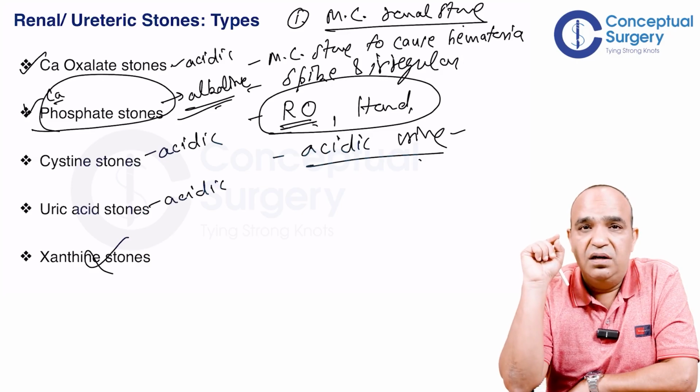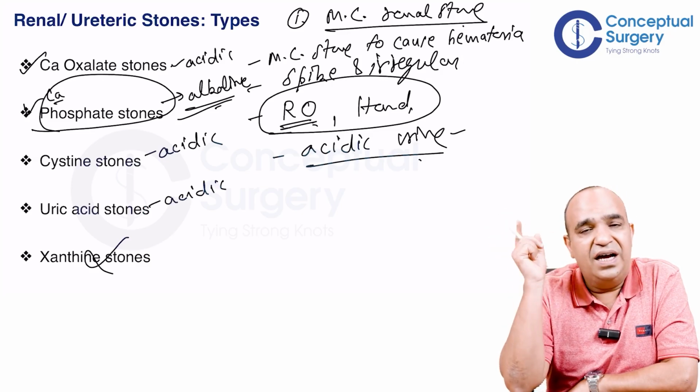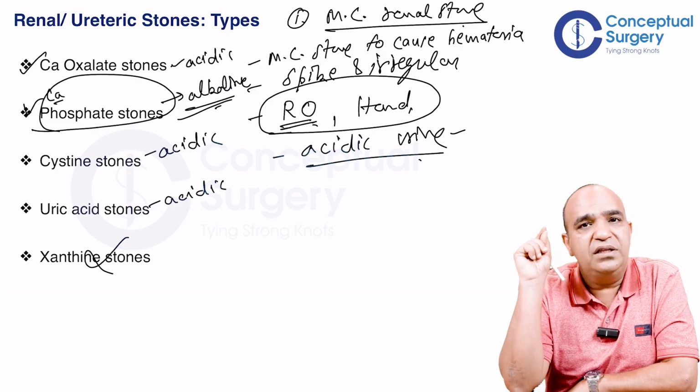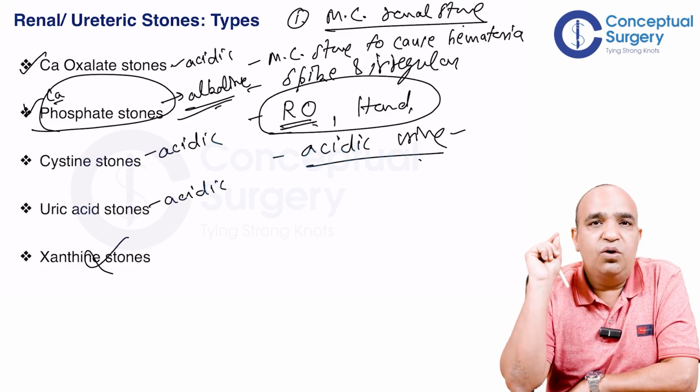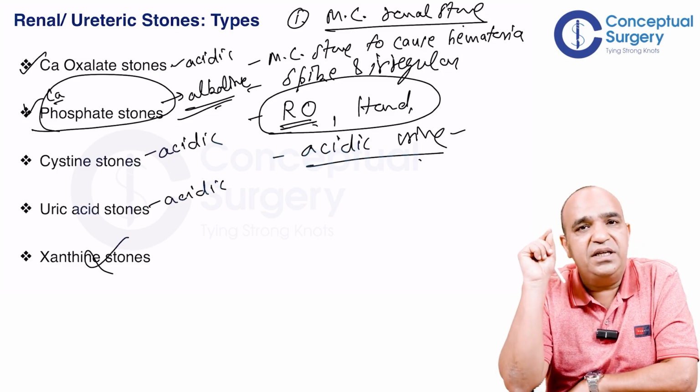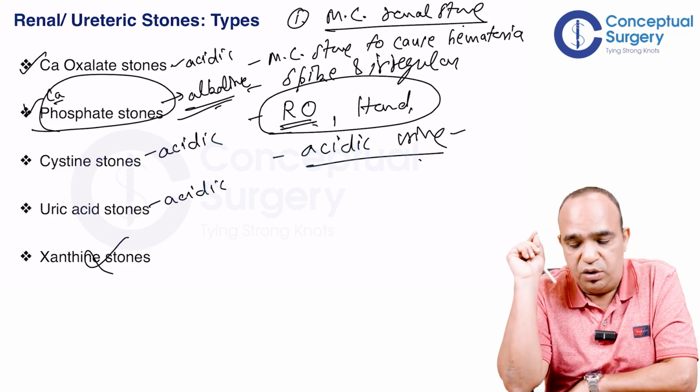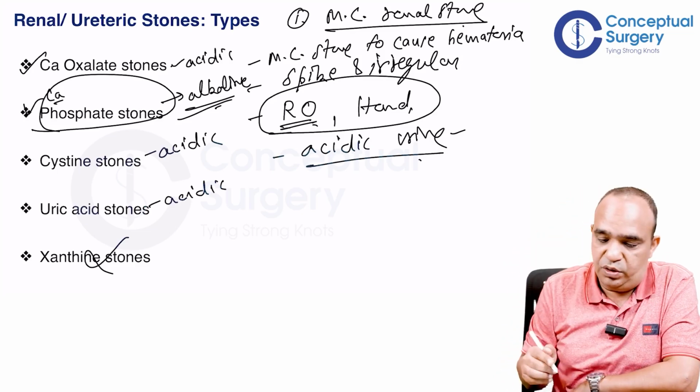Remember it this way. Otherwise, you will get confused. Again, nature of urine, 3 acidic, 1 alkaline. So, remember the odd one. The only radiolucent is pure uric acid. The only stone that precipitates in alkaline urine is phosphate stone. Rest all precipitate in acidic urine.